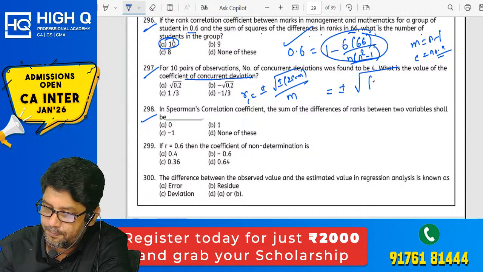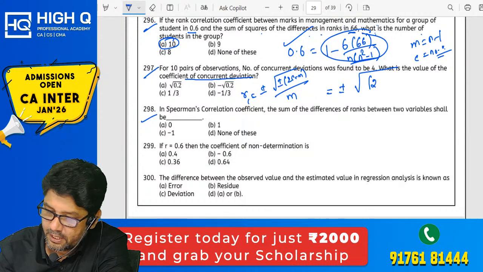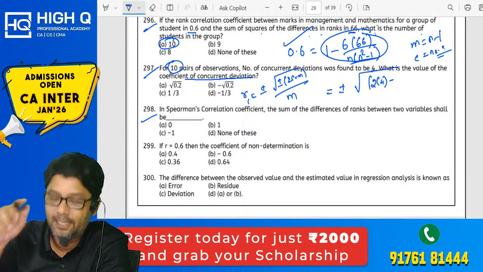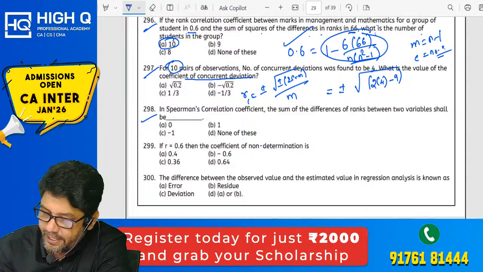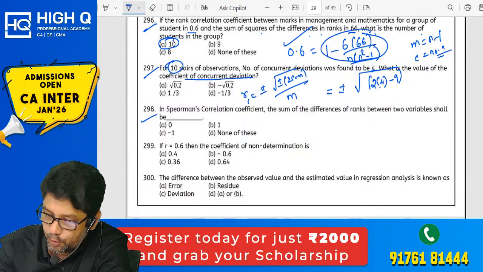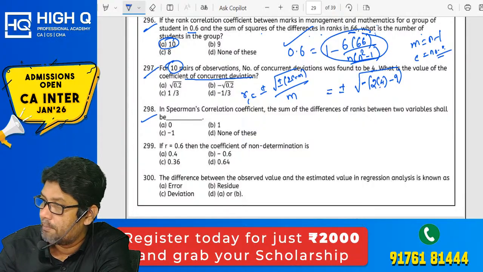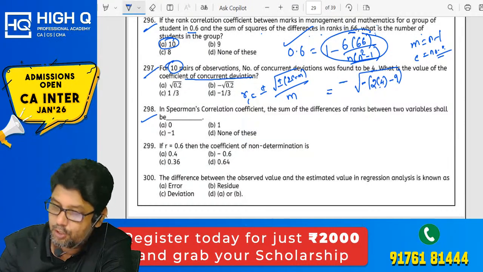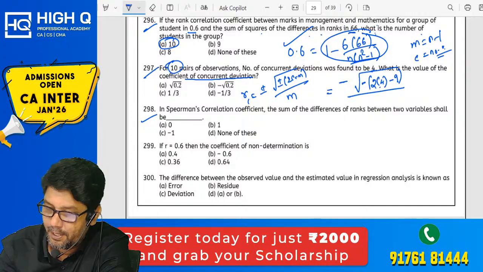What is 2c? 2 into the number of concurrent deviations, which is 4, minus m. N is 10, so m is equal to 9. 8 minus 9 is minus 1. So outside the bracket we should take minus only, and here also minus only, divided by m.